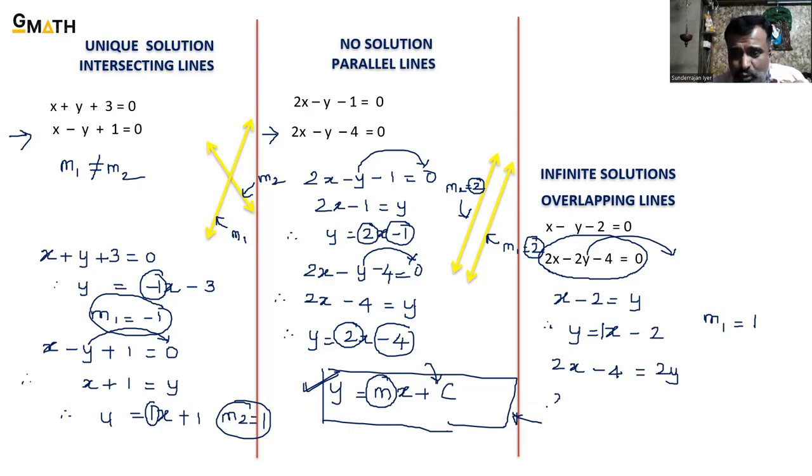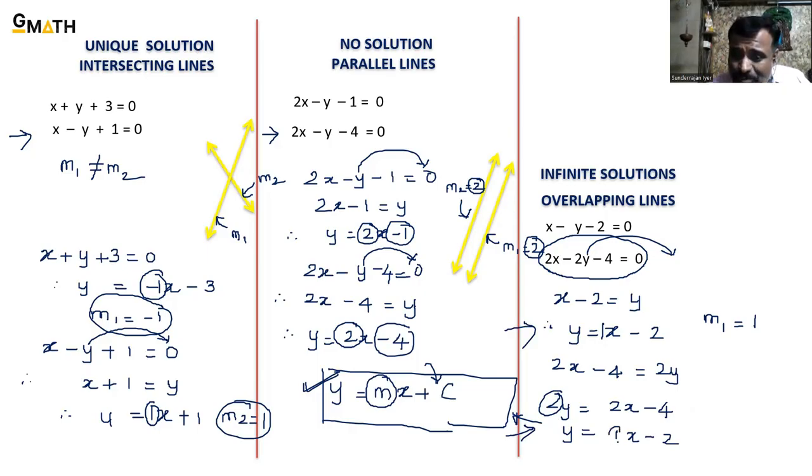So we can write this as 2y is equals to 2x minus 4. In order to keep only y, we will divide throughout by 2. When you divide throughout by 2, what you get? y is equals to 2 upon 2 will become 1, 1x, and minus 4 upon 2 will become minus 2. Can you see you got the same equation when you write it in the slope intercept form?